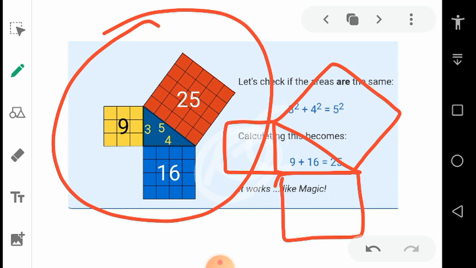The square made with a side of 4 units has an area of 16. The square constructed with side 3 has an area of 9. The square constructed with the hypotenuse 5 has an area of 25. As you can see, 9 plus 16 is 25. So we have proved the Pythagoras theorem for this triangle, and for other triangles we can prove it in the same way.